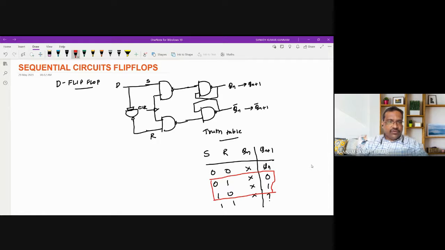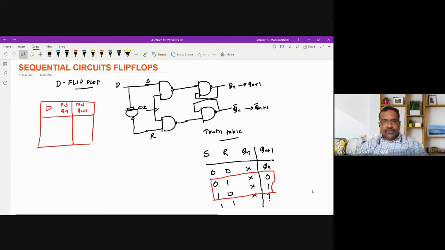Suppose D equal to 0. I'll draw the truth table for the D flip flop. This is D, this is the present state Qn, and this is the next state Qn plus 1.